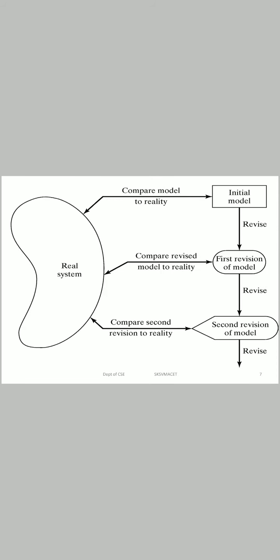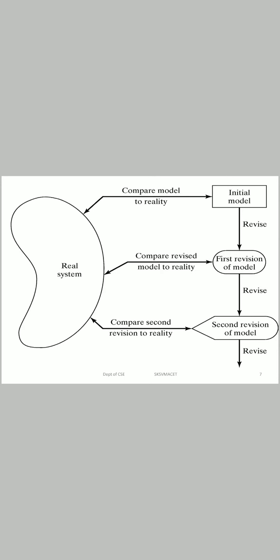This diagram shows the real system on the left side, and at the top right corner the initial model, in a rectangular box. The initial model is compared with the real system by the model builder. He gains some insights into the real system and adds them to the initial model, and then you get the first revision of the model.